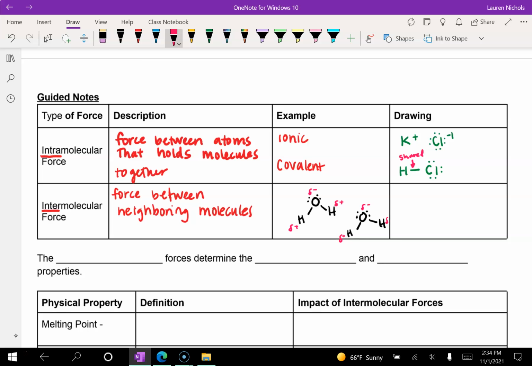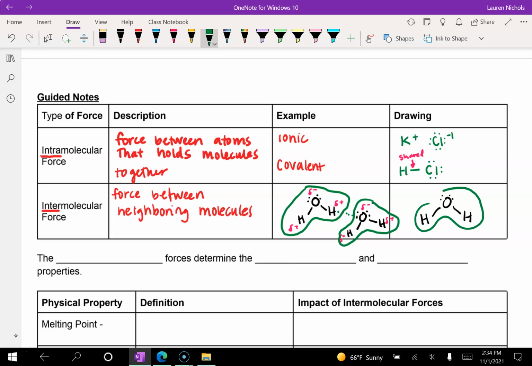Those partial positives and partial negatives are attracted to one another, so there is an attraction, and it's temporary, between those two things. We have molecule number 1 right here and molecule number 2 right here, and there's this attractive force between them. If I were to draw a third molecule of water, then this molecule would experience an attractive force.